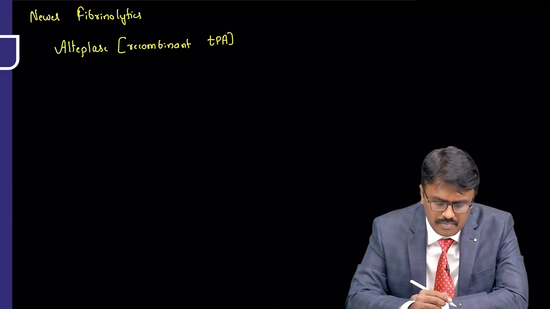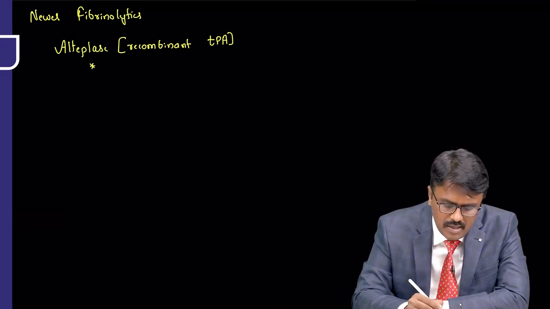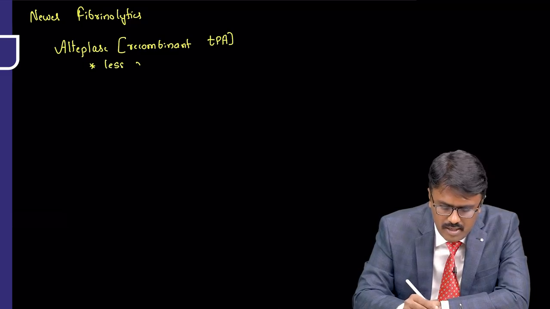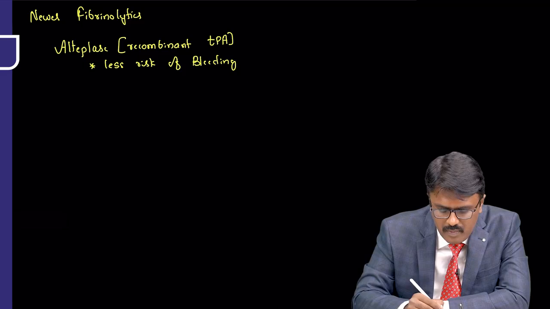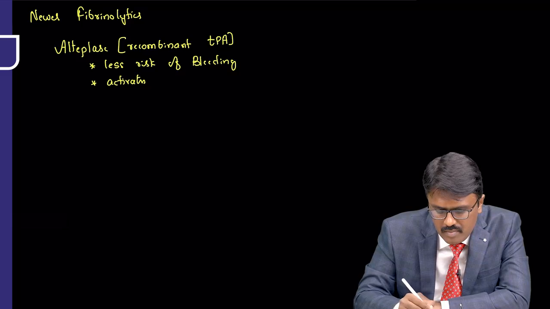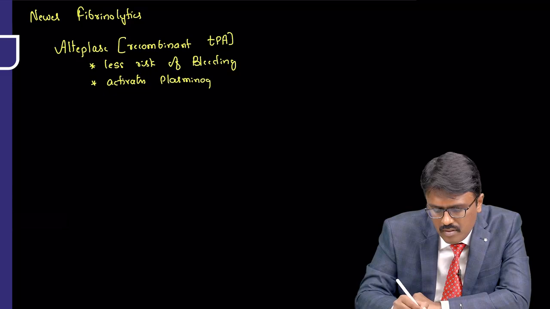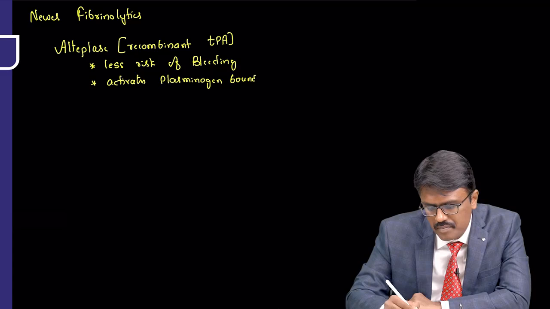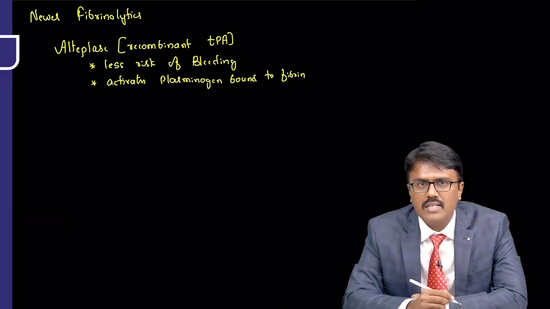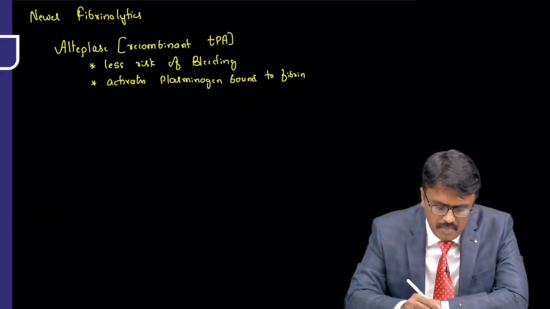It's a recombinant form. The advantage of that is less risk of bleeding, and it will activate plasminogen which is bound to fibrin. Where are they bound to fibrin? At the site of the clot. So there is less chance of bleeding.